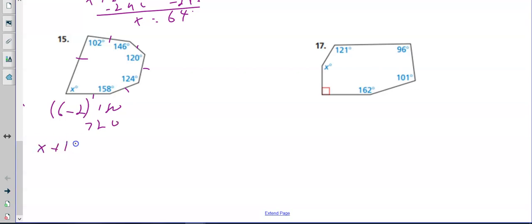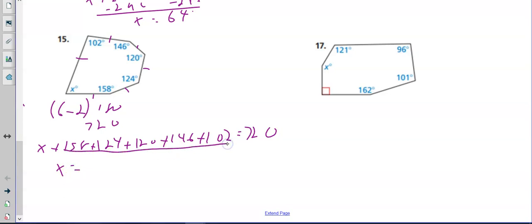So x plus 158 plus 124 plus 120 plus 146 plus 102 equals 720. If we add all these numbers up, we get 650. And if we subtract 650, we get 70 degrees.